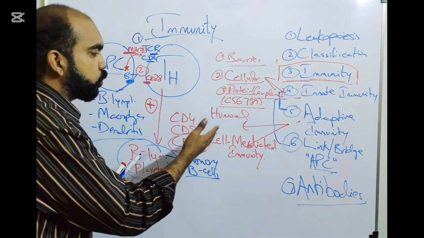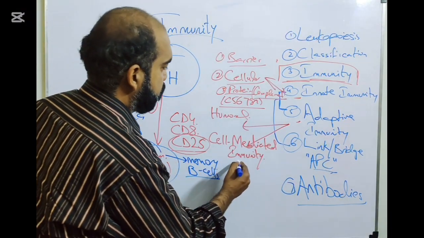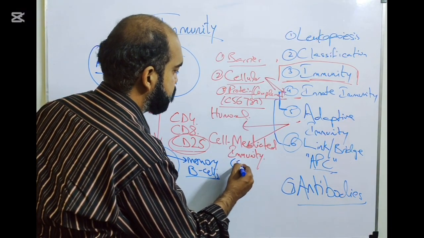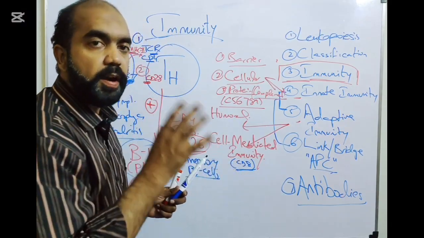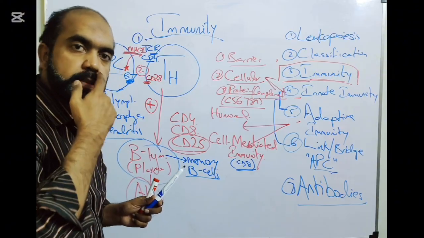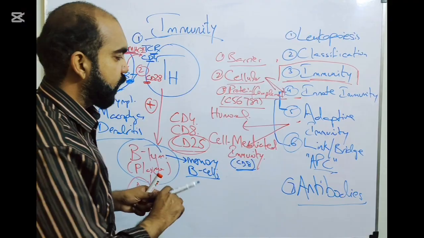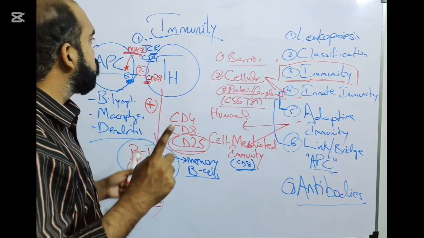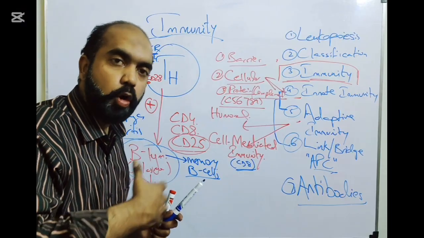And for cytotoxic, cell-mediated immunity, usually they express, as explained earlier, CD8, and they usually target the virus-infected cells. All the body cells present MHC I. So MHC II is only on APCs, and MHC I is expressed by all body cells.